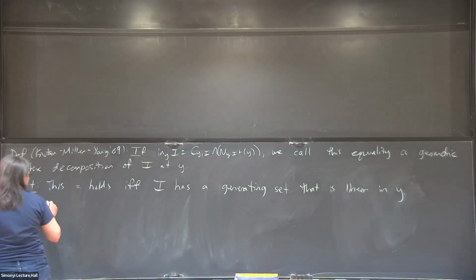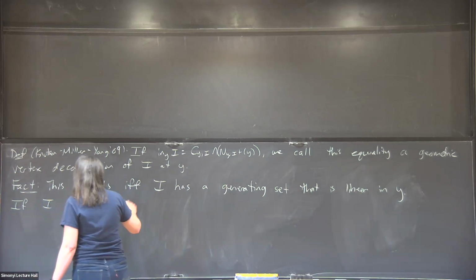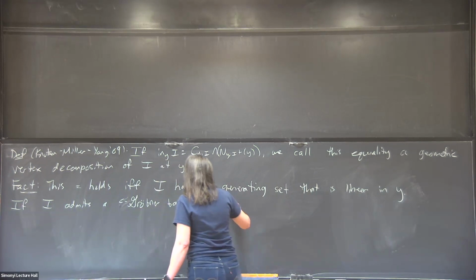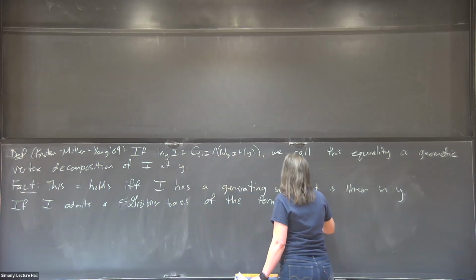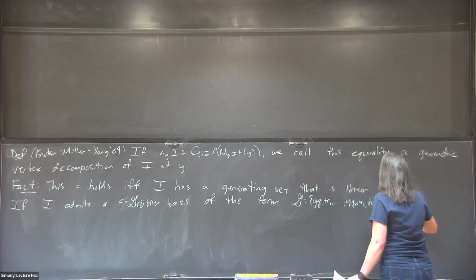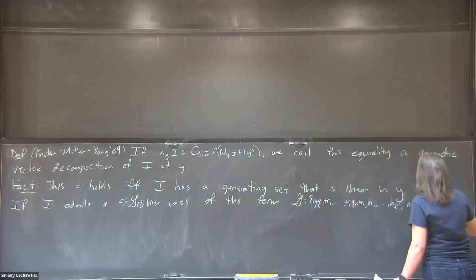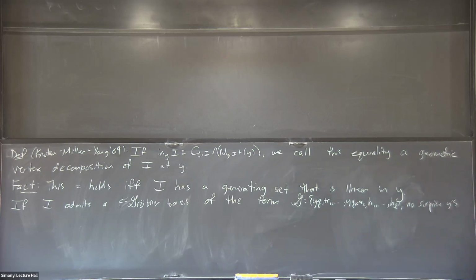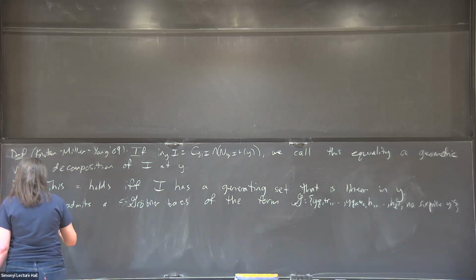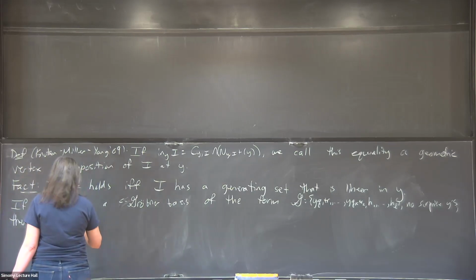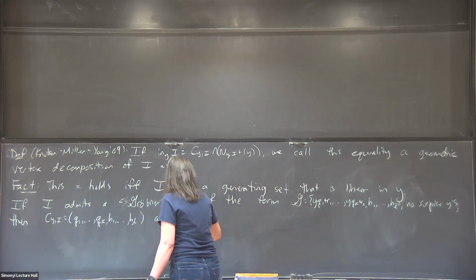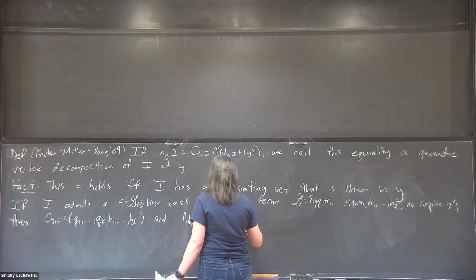So if I admits a Gröbner basis of the form y q_1 + r_1, ..., y q_k + r_k, h_1, ..., h_l, with no y's where you don't see them, so y does not divide any term of q_i, r_i, or h_i, then C_y(I) is equal to (q_1, ..., q_k, h_1, ..., h_l) and N_y(I) is equal to (h_1, ..., h_l).